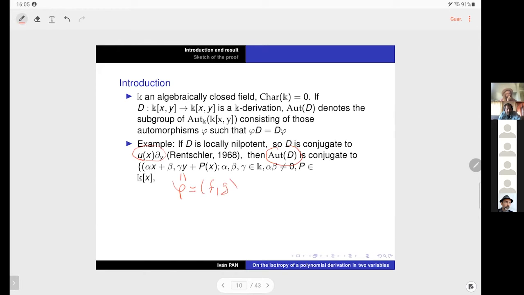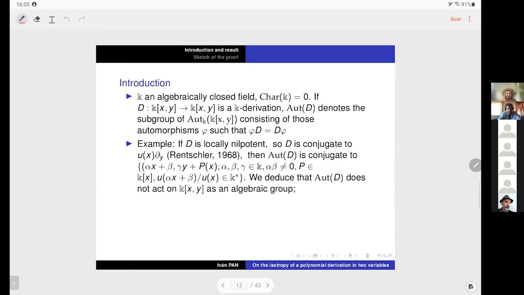Here f is a linear polynomial, alpha x, and g is gamma y plus a polynomial in x. It's a very special form of the isotropy in this case, with an additional property related to the polynomial a here, which defines the derivation.